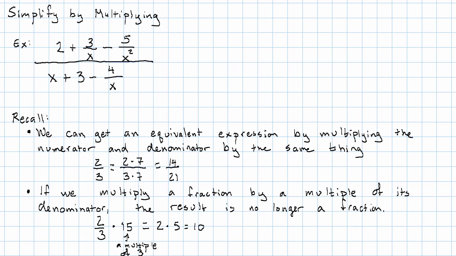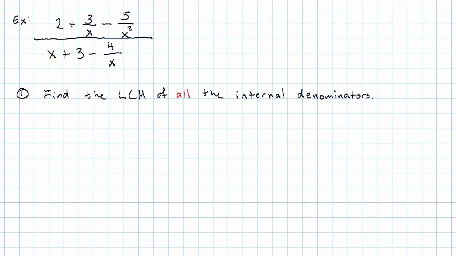Okay, so these two facts together give us a way to get rid of the denominators within our rational expression. Here's what we're going to do. First, we'll find the least common multiple of all of the internal denominators. What do I mean by the internal denominators?